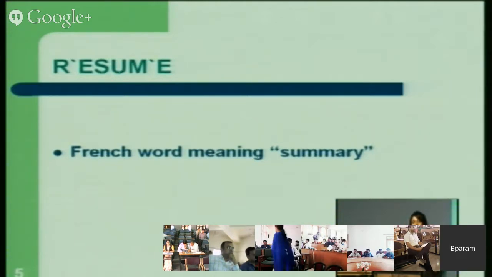Okay, now any individual can make n number of resumes according to his or her requirement. This requirement is determined by the job title for which the person is applying. How do I separate the requirement for one job title from the requirement of the other job title? That depends upon my research and analysis done for that job title that allows me to enlist the skills required for this job title.